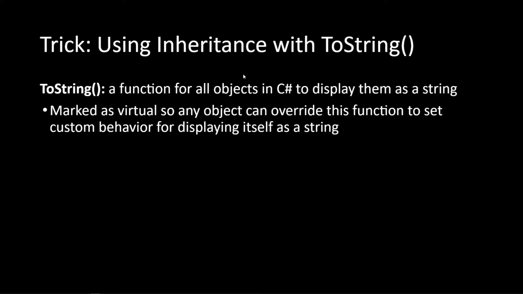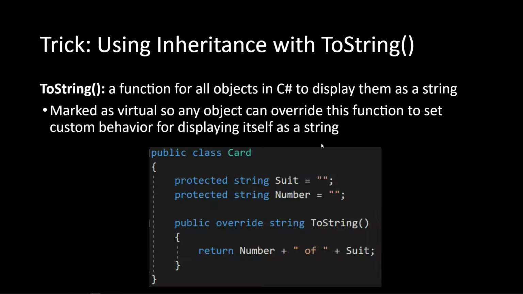Okay. Now, here's a trick using inheritance with ToString, for example. Now, ToString is a function call for objects in C# to display them as a string. It is marked as virtual, so any object can override this function to set custom behavior for displaying itself as a string.